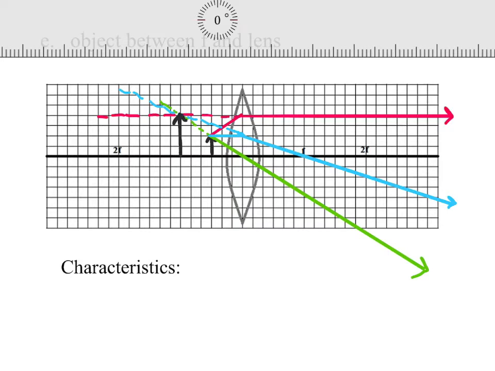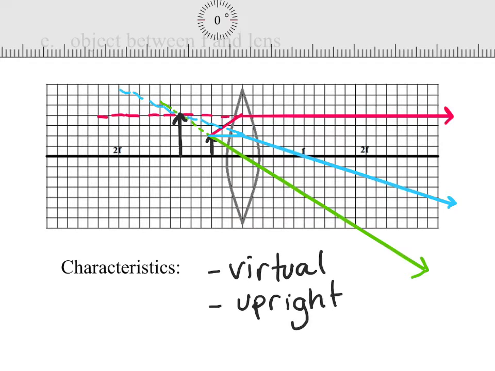So this is going to be our virtual image because, of course, the light rays diverge here. All right, so this is going to be a virtual image. It is upright, and it's not the same size, it's bigger. Right? So this is also another way to zoom in on something.